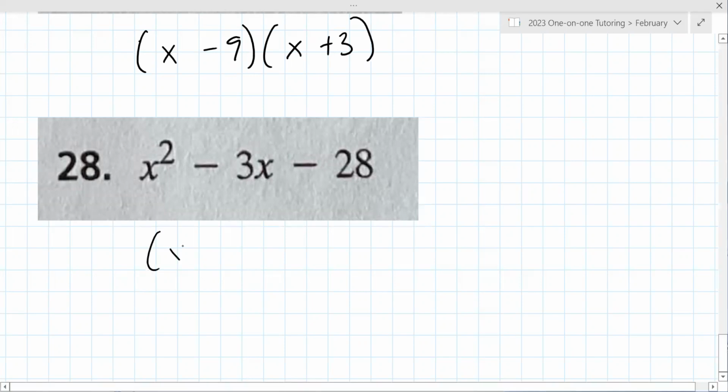X minus 7 and X plus 4. Okay, is this what you have written? Yeah. Okay, fantastic.